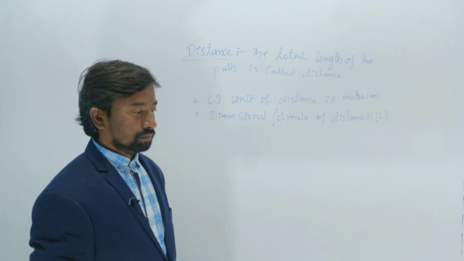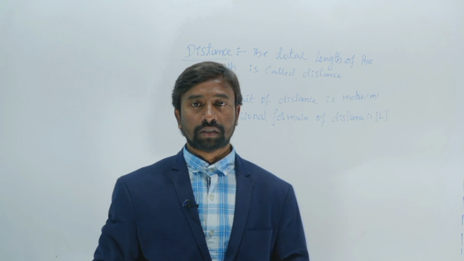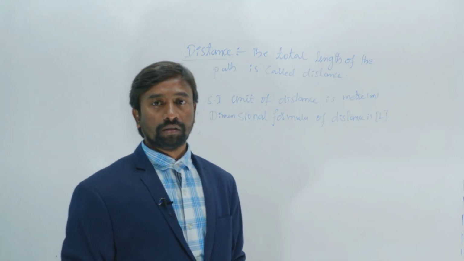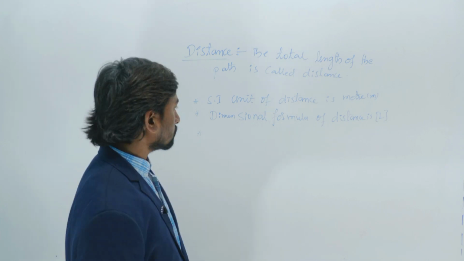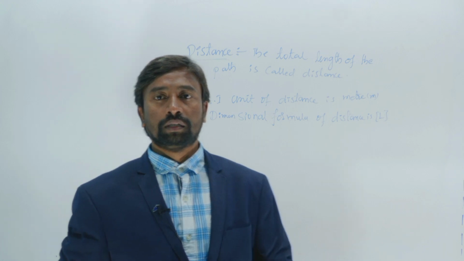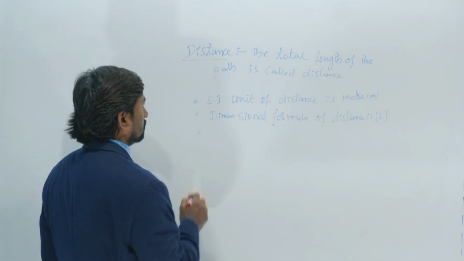Okay. It is a scalar quantity. We have discussed scalar quantity and vector quantity. In the vectors we have discussed that some of the physical quantities will have both magnitude and direction. They are said to be vectors, and some of the physical quantities will have only the magnitude, there is no direction there. Okay. So that is called the scalar quantity.